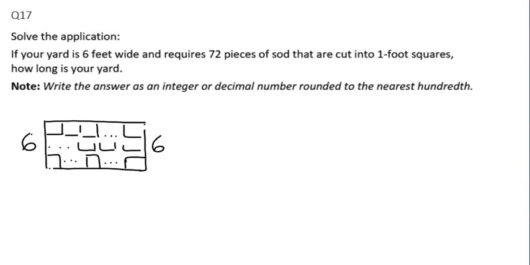Is this area or perimeter? Area. Area is inside the thing. So if I rip this carpet and I need to know the area, or I'm putting sod on my yard, so I'm covering my yard with the grass, this is area.